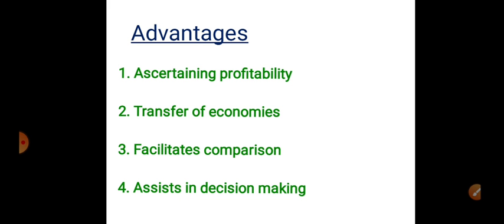Inter-process profits assist management in taking decisions at each stage of production by comparing the cost with the market price, regarding buying partly processed products or selling partly processed products.